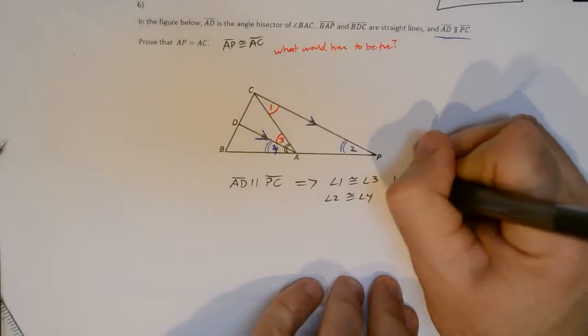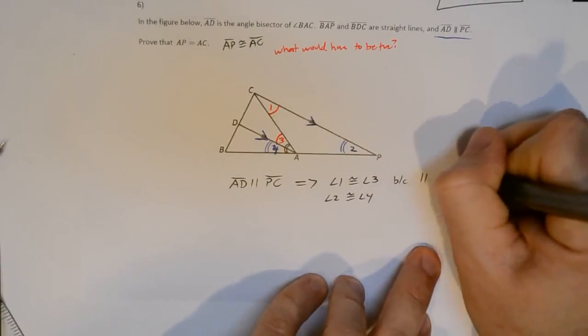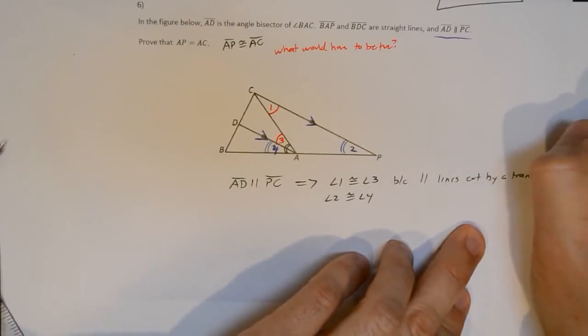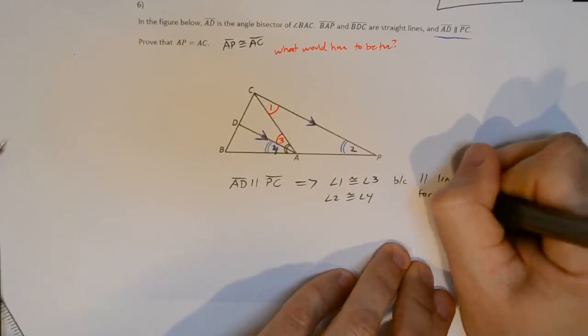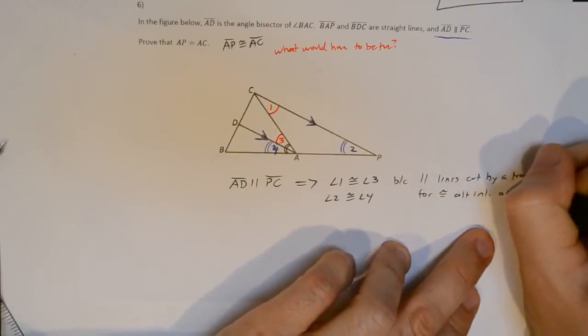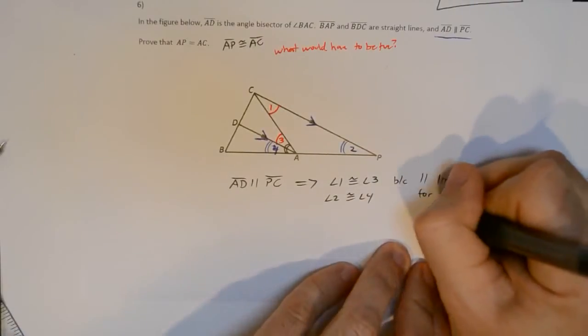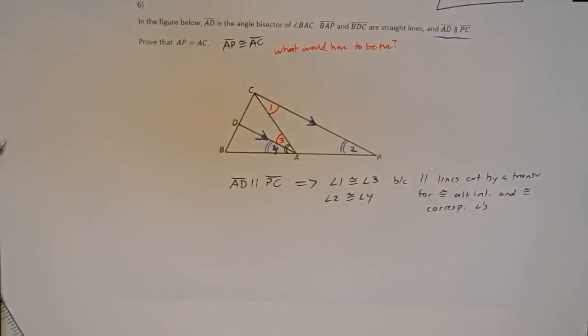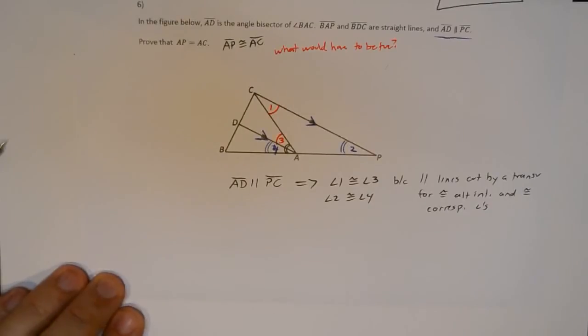Now, why is that? Well, that's because parallel lines cut by a transversal form congruent alternate interior and congruent corresponding angles. So now we have 1 congruent to 3 and 2 congruent to 4.